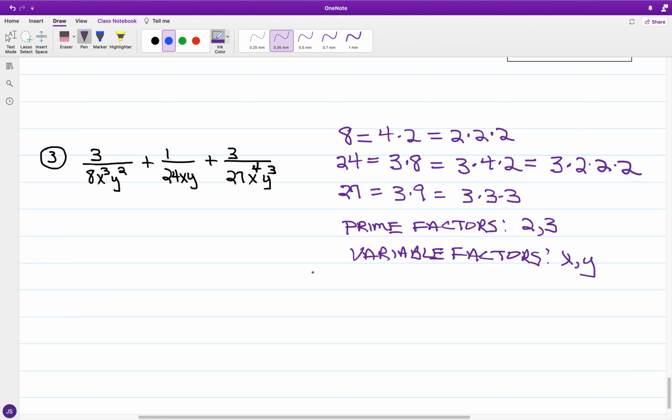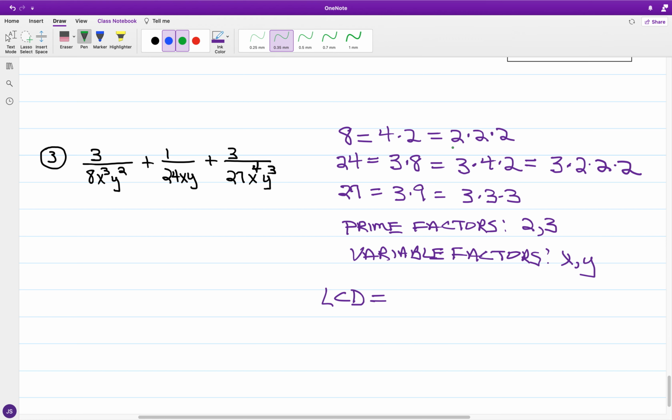And in the case of what we refer to as the least common denominator, you're going to take the highest degree representation of 2 and 3 from among the prime factorizations. So you have 2, it appears 3 times from 8, also 3 times from 24, and it doesn't appear at all from 27.